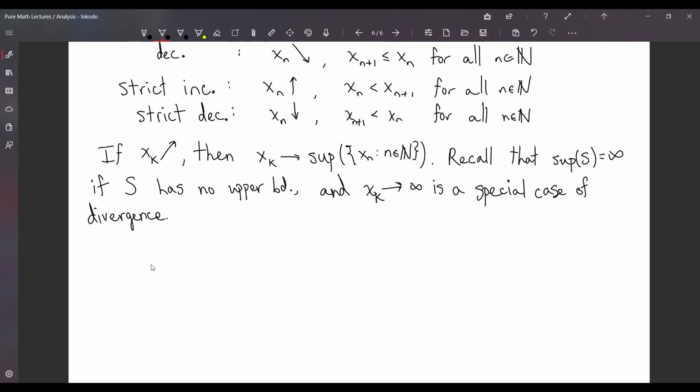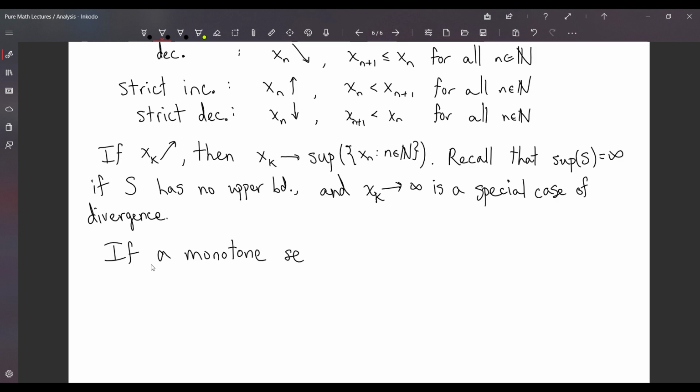If we know it is bounded, then we know that this has a supremum, and therefore we know the sequence has a limit.